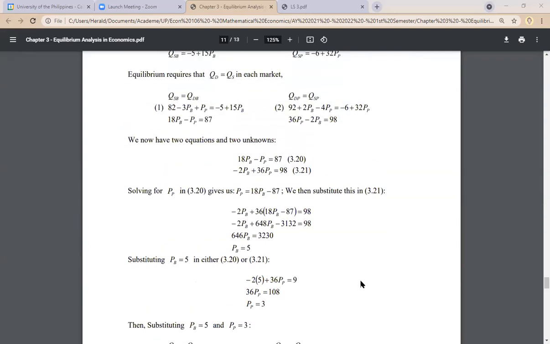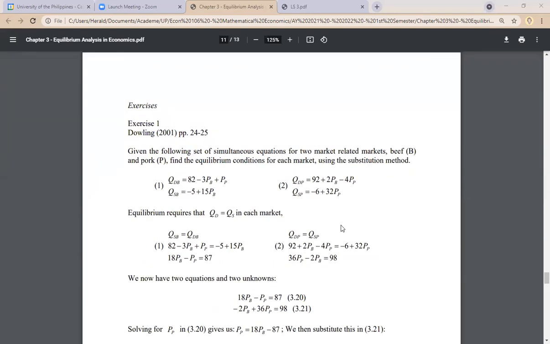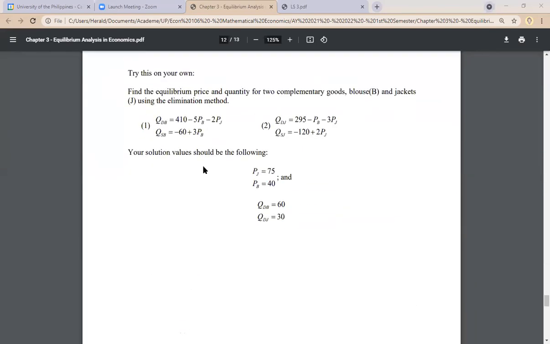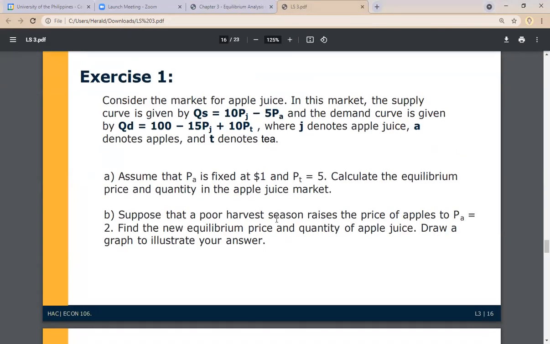If there is no indication, class, that these two goods are substitutes or complements, again, you can just look closely at the equations to see if the sign is positive or negative. Also, in this case, it's a three commodity model.